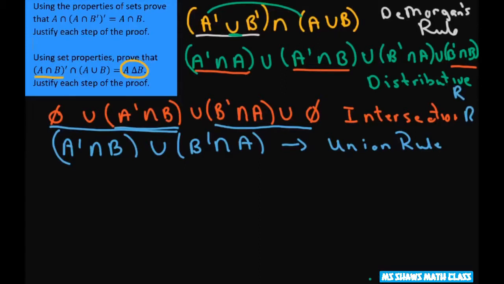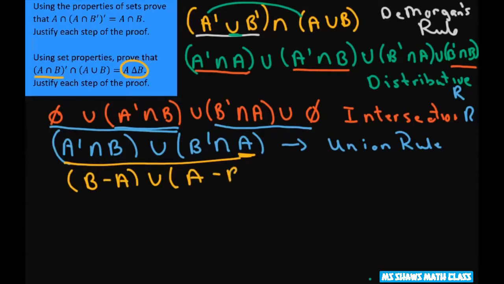All right. And then from there, since we have this, we can write this as A prime, or the complement of A, intersect B, which is just B minus A. And this one's just going to be A minus B, because you don't want B. So that is your symmetric difference.